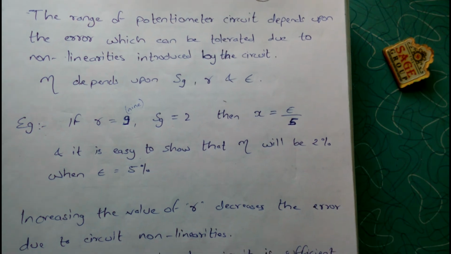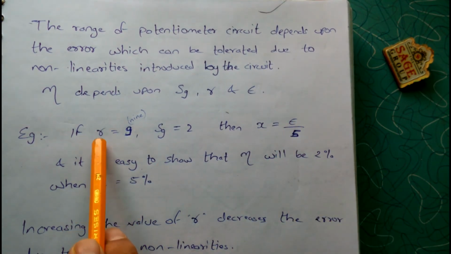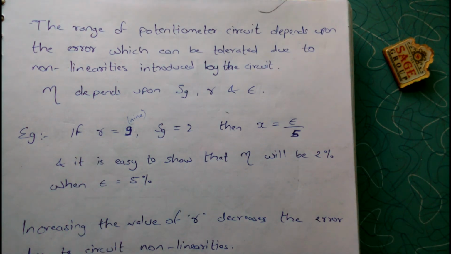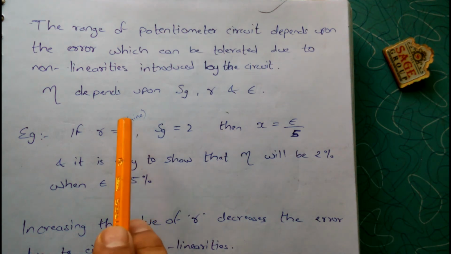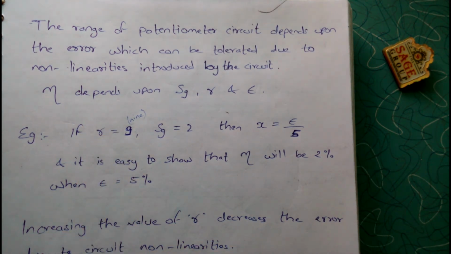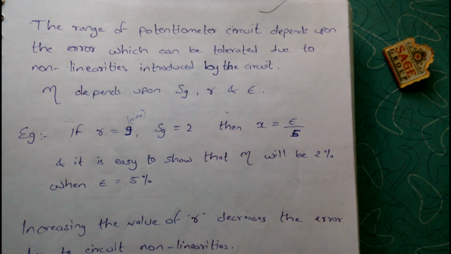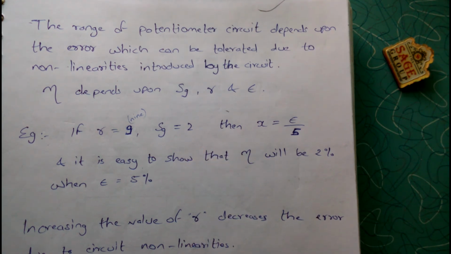All right. And we can see that by increasing the value of R, that is, the ratio of the resistances, the value of non-linearity and the error due to non-linearity decrease.